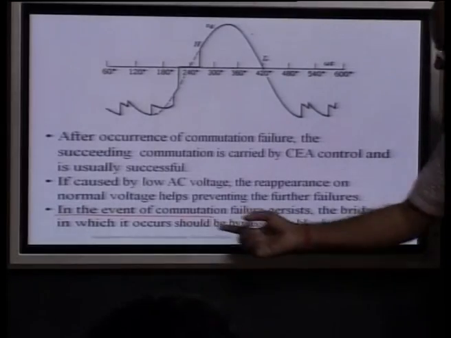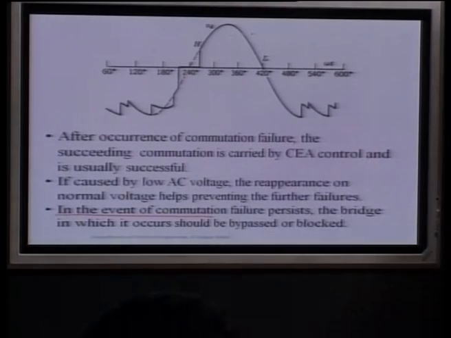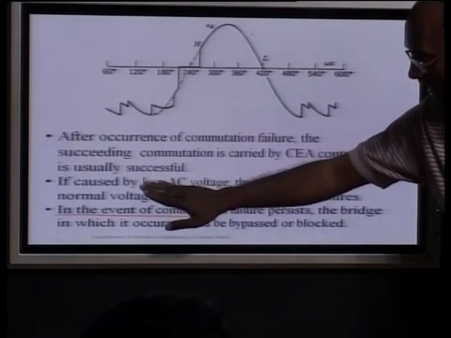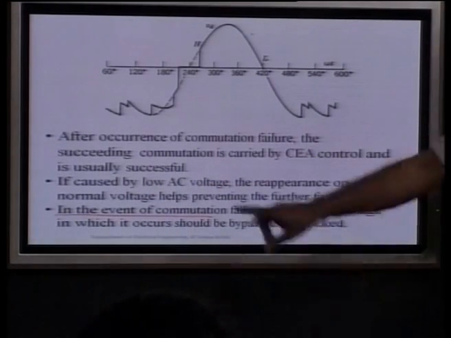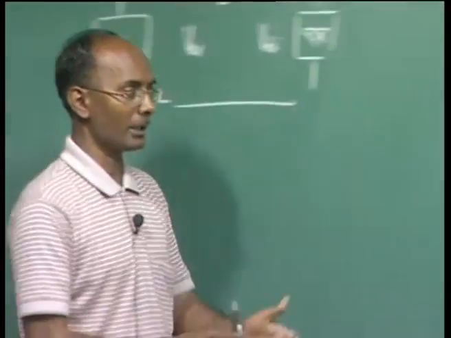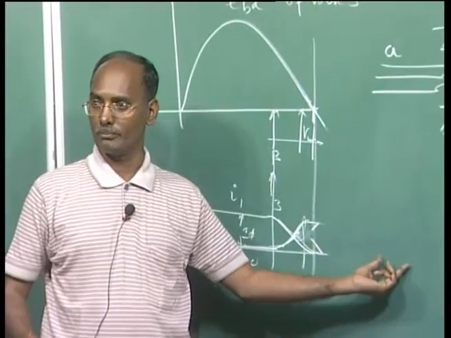So you can say these are the conditions. If it is persisting, it should be bypassed. But there is a possibility: if the commutation failure is occurring due to low AC voltage, then of course there is a problem. If this one was unsuccessful, the next will also be unsuccessful.